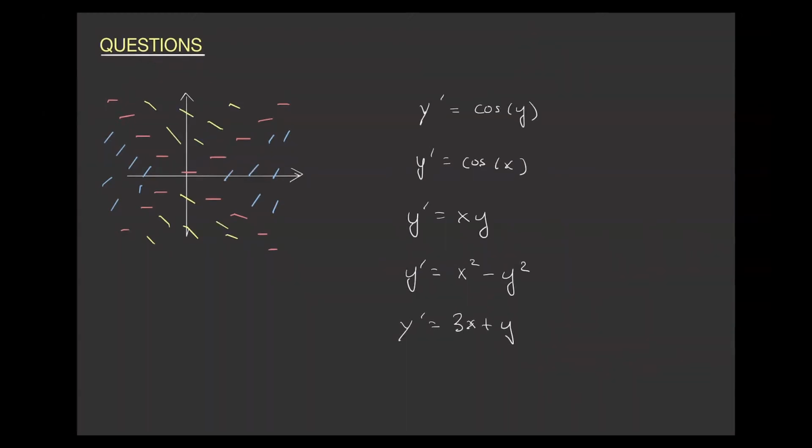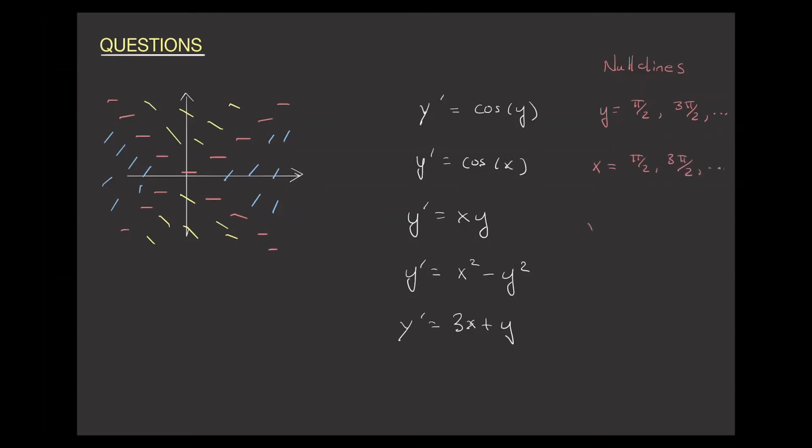So what I recommend always is looking at the null clines. If you look at the null clines, and I say null clines, one, because there's more than one equation, but then also because you can have more than one null cline curve. So if we look at those, well, thinking about where this is going to be equal to 0, cosine namely is going to be equal to 0. You have things like y is equal to pi over 2, 3 pi over 2, and many other places. Just going down the list here, you have x is equal to pi over 2, 3 pi over 2, and so on.